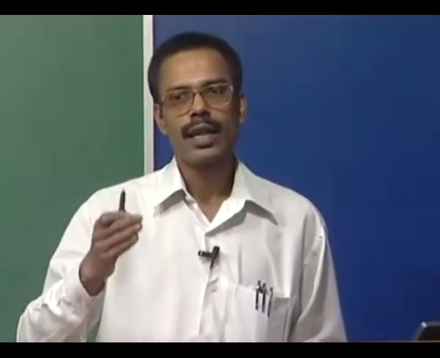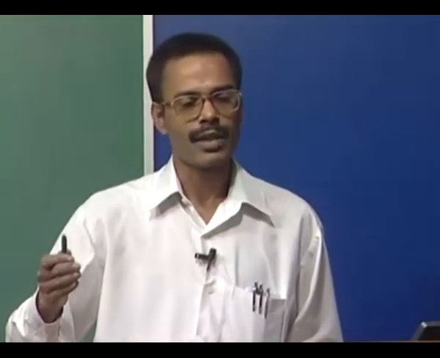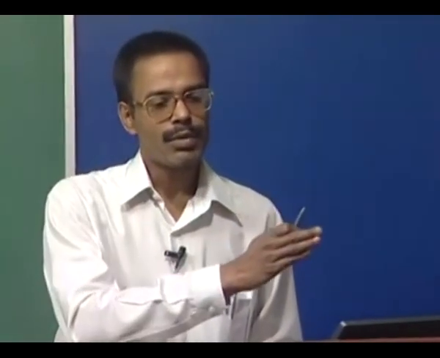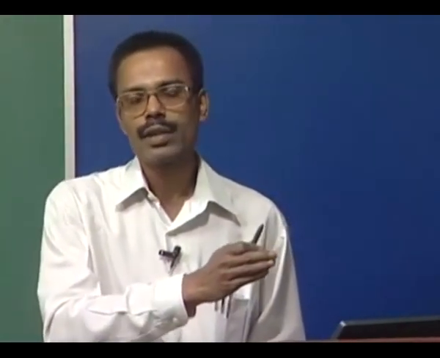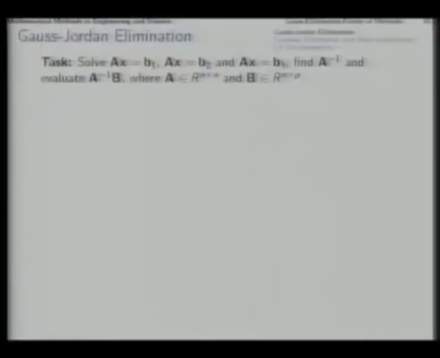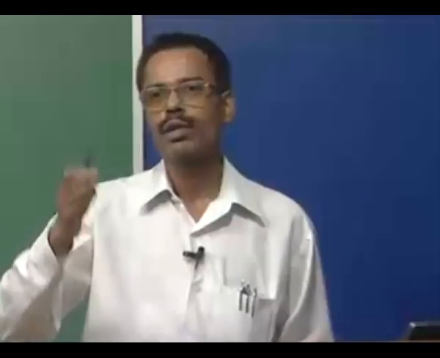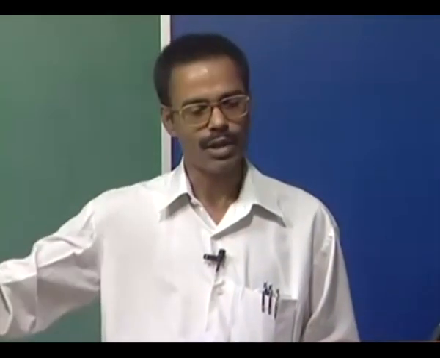They are the n columns of the identity matrix, because you know that A A inverse is identity. That means A into first column of A inverse equal to first column of identity matrix, and so on.